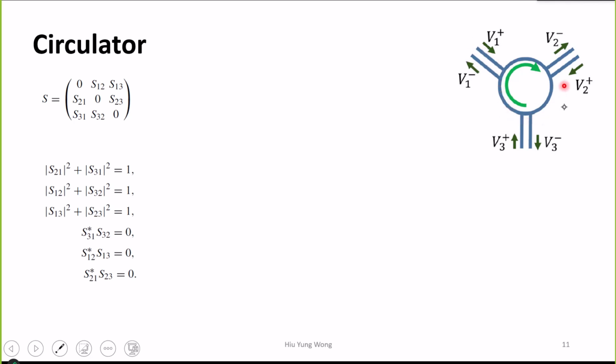It won't go to port 2. And then any signal in port 1 will only go to port 2. It won't go to port 3. Any signal in port 2 will only go to port 3. It won't go to port 1. So you see that the signal will get circulating.